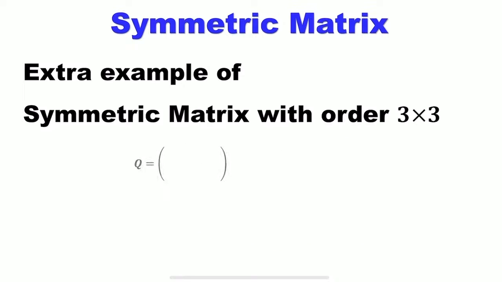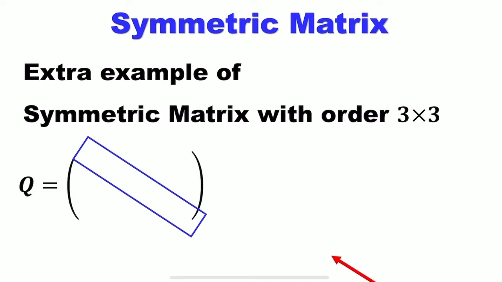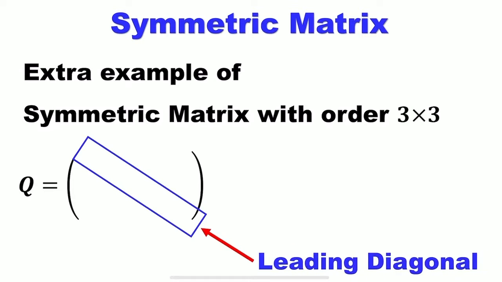Another example of a symmetric matrix with order 3 by 3. Let's say we name it matrix Q. This is our leading diagonal, and the entries of the leading diagonal are 8, 8, 8.